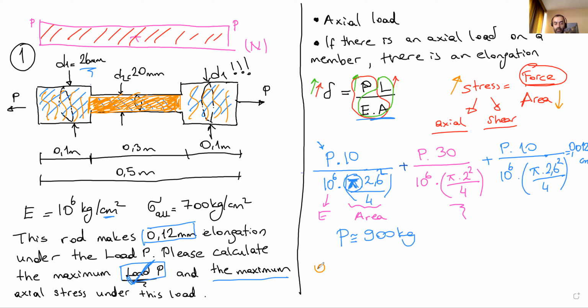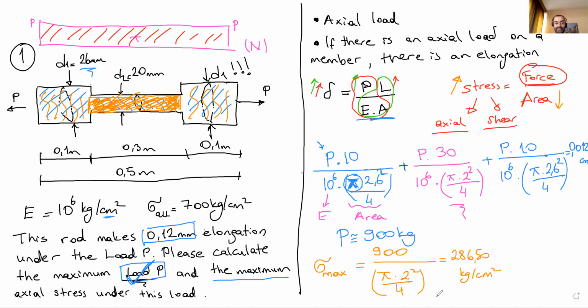The axial stress, sigma max, is what? 900 kilogram over the area, which is pi times 2 squared over 4, because it's circular. And here the stress is 286.50 kilogram per centimeter squared.